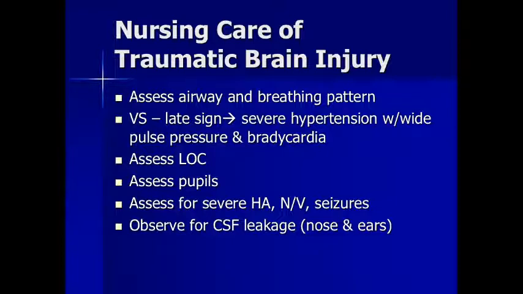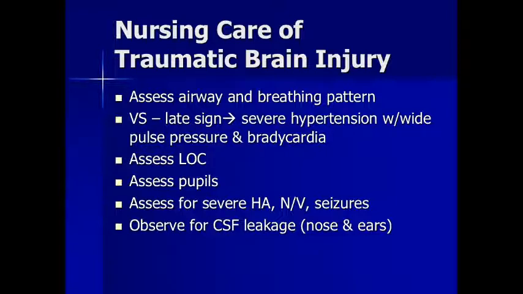We want to assess for bilateral motor responses. Watch for a decrease in motor functioning or development of abnormal posturing. And so we're looking for decerebrate or decorticate posturing. With decerebrate posturing, all extremities have rigid extension.